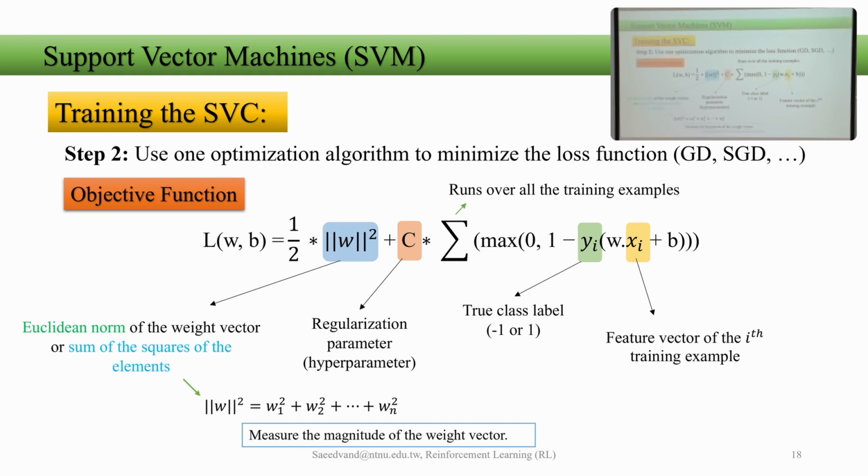We need to write a big equation, but it's not as complicated as it looks. Let's have a look and break it down part by part. Here we have two side terms. The x_i's define the feature vector of the i-th training example, the data that we have. The y's are the labels, the true values. But in the objective function, instead of 0, 1 or true/false, we define them as -1 and 1.